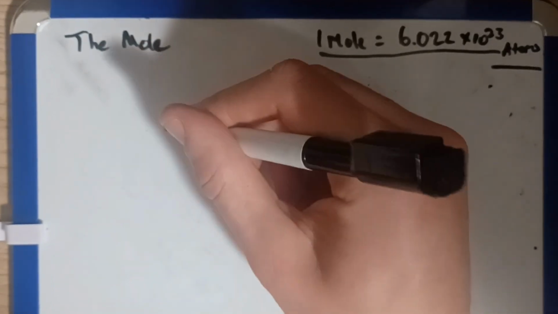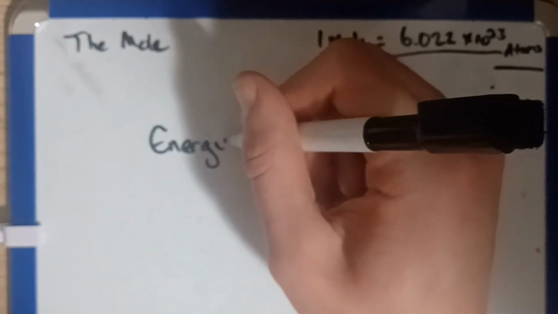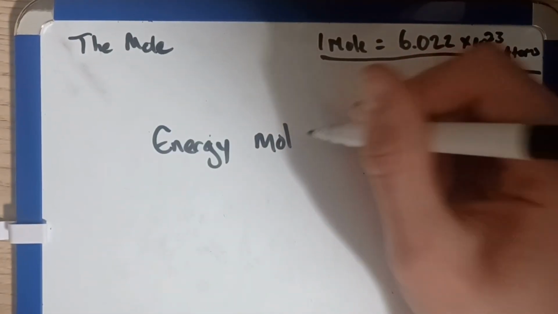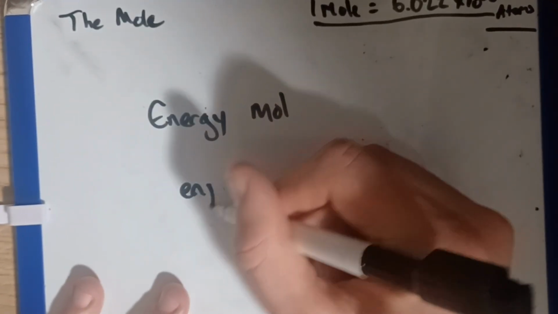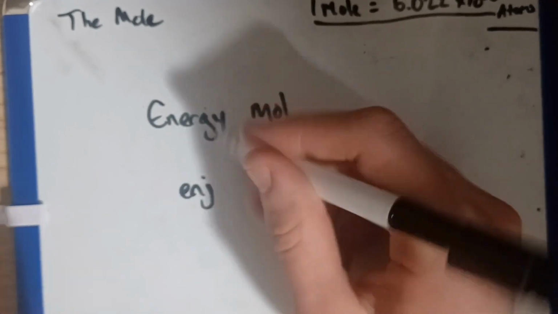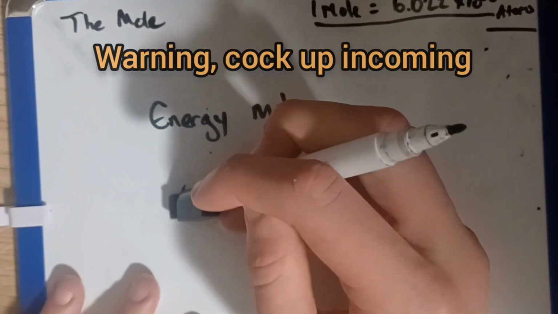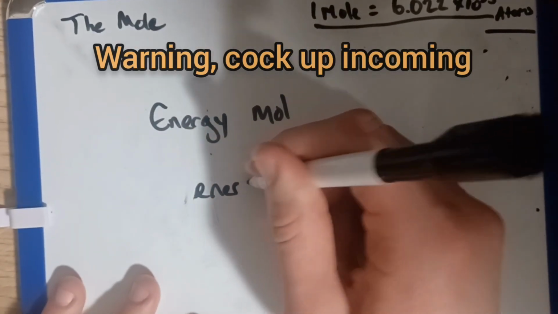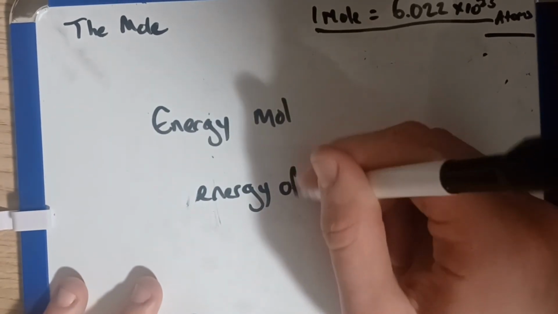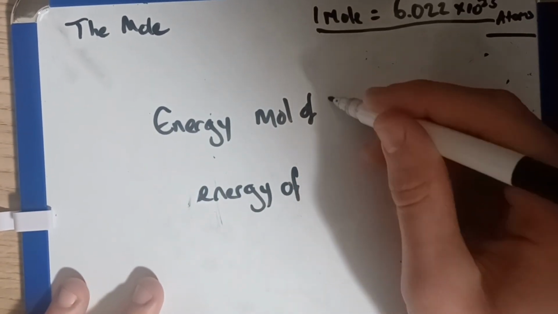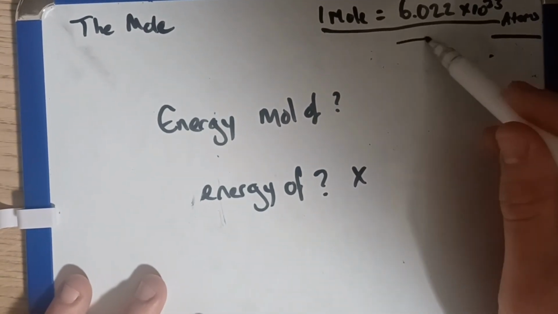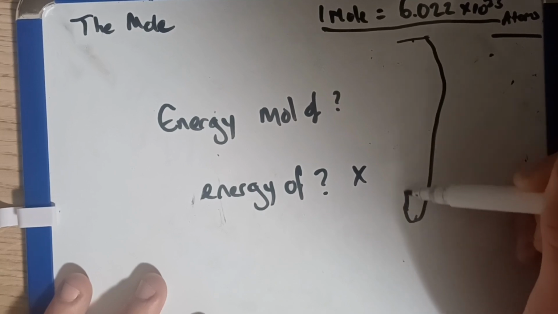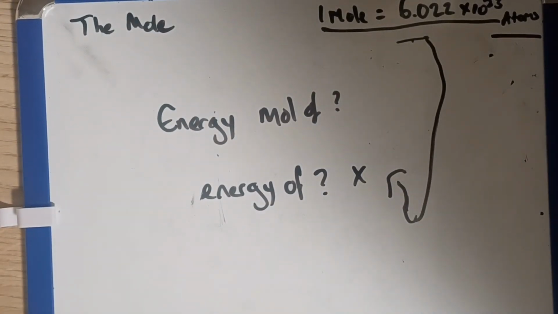If you wanted to find out the energy of a mole of something, you would find the energy of the question mark and then times it by our magic number, Avogadro's number.